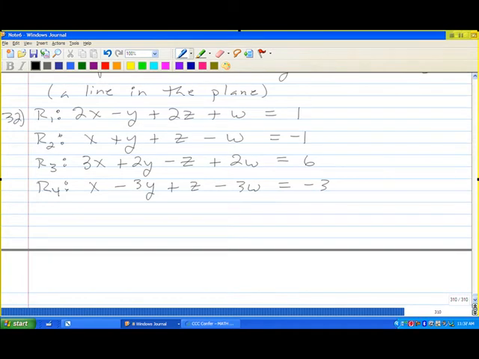This is called a non-homogeneous system, and this is because the right-hand side, the constants, are not all zero.